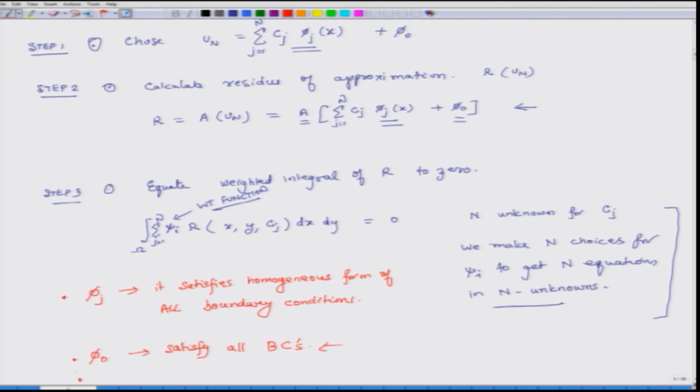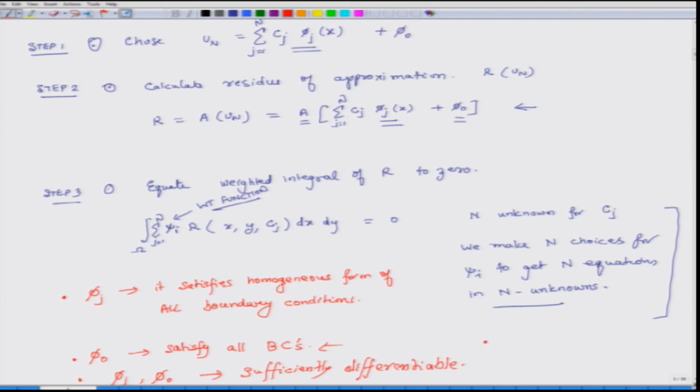The third requirement is that phi_j and phi naught should be sufficiently differentiable. So, if in my operator A I have fourth order derivatives, then phi_j and phi naught should be differentiable at least four times. Otherwise, my choice of phi_j and phi naught is incorrect.